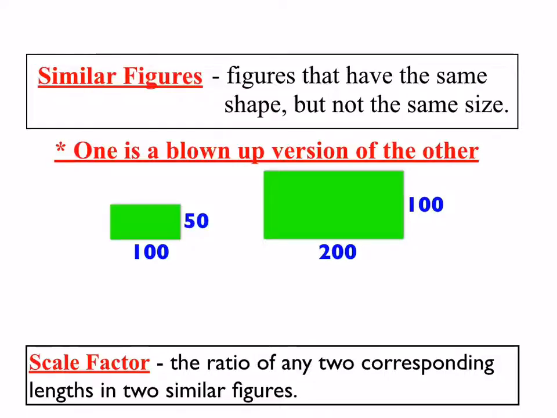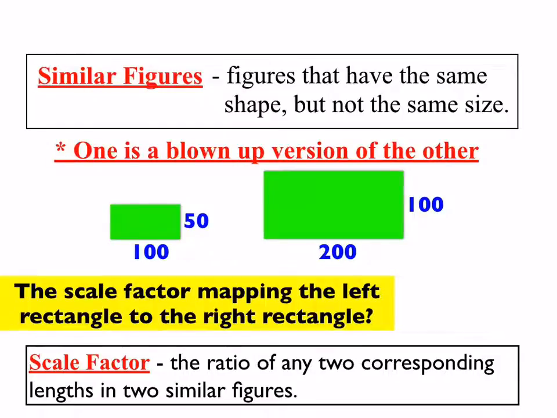So what if I ask you, going from the left rectangle to create the right rectangle? The scale factor tells us by how many times did we multiply the side lengths with the rectangle on the left to make this rectangle on the right.